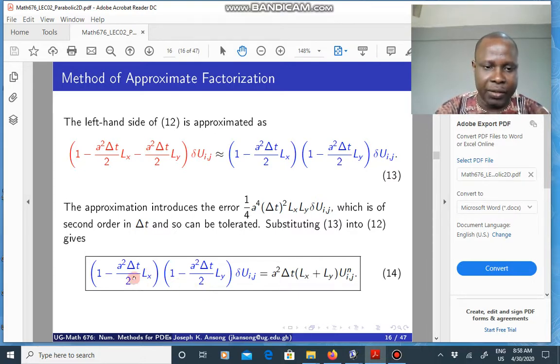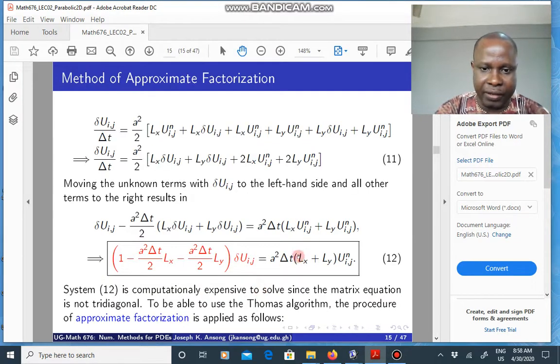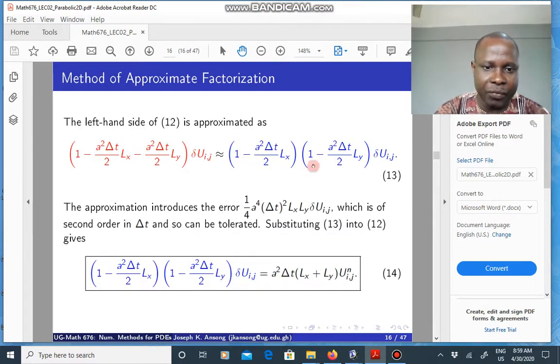Okay, so equation 14 is basically equation 12, I think. Yes, equation 12, but now we are replacing the left hand side here with this expression. Okay, now why is that important? Once you do that, note what you can do.